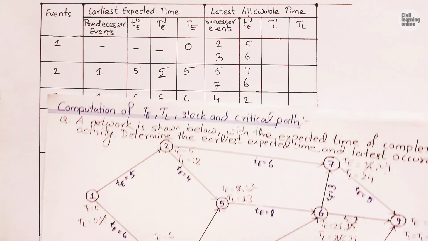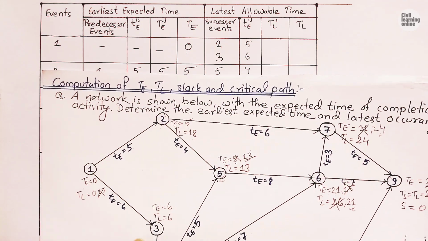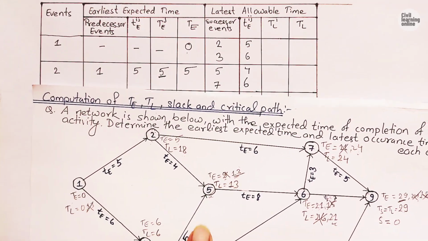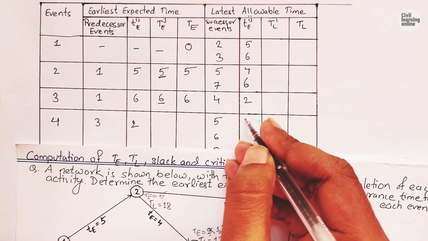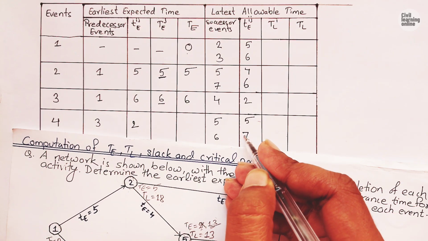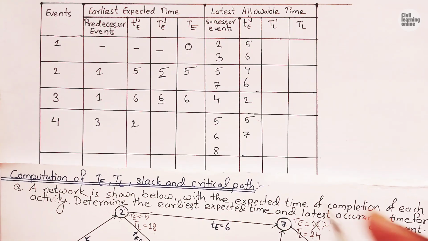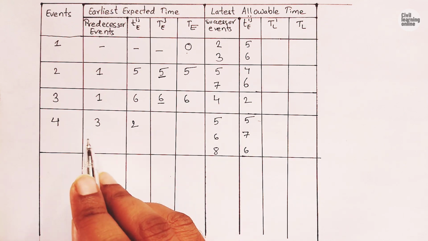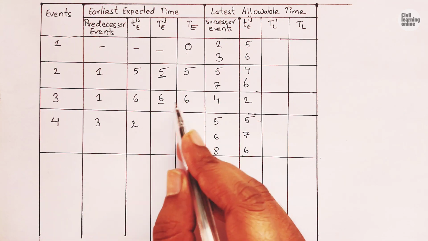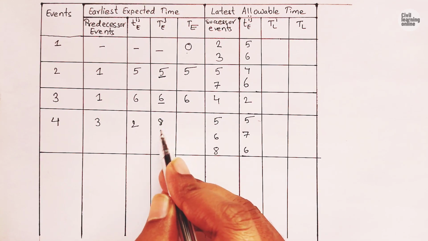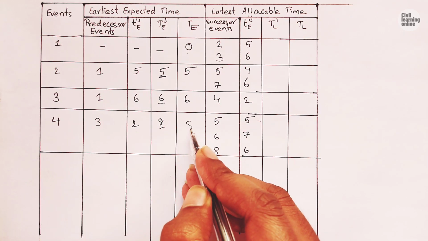Talking about durations, the duration from 3 to 4 is 2, and for the successors, 5 has duration 5, 6 has duration 7 and 8 has duration 6. Now we add the earliest expected time of event 3, that is 6 plus 2 is 8, and this is the maximum value, so TE is 8.